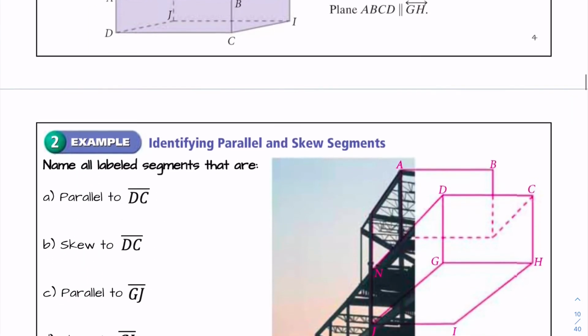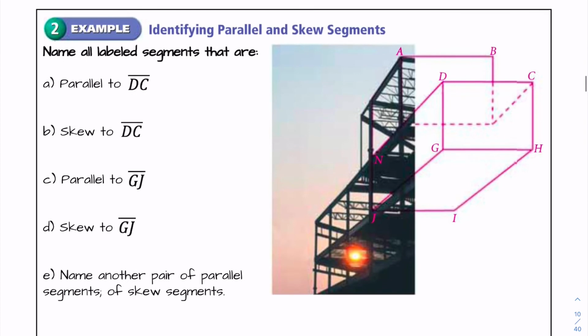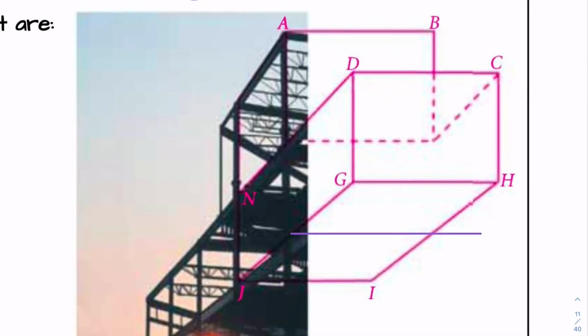All right. So let's name all segments that are parallel to DC. Here's DC. It's kind of hard to see, but here's DC. So what's parallel? Well, it looks like AB is parallel. It looks like GH is parallel, and it looks like JI. It's really hard to see that, but it looks like JI is also parallel.